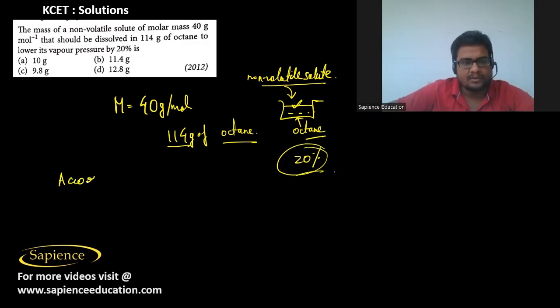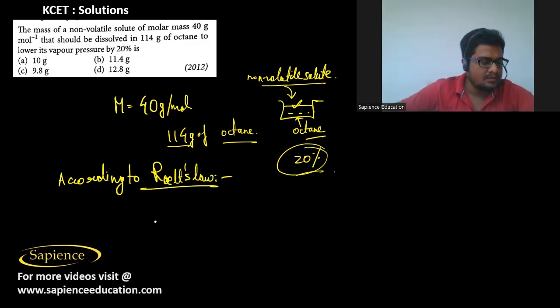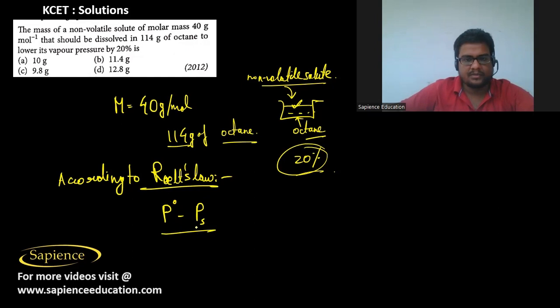So here also, according to Raoult's law, we can say that P naught minus Ps, the vapor pressure of the pure solvent minus the vapor pressure of the solution, divided by the vapor pressure of the pure solvent, into 100%, is equal to the relative lowering of vapor pressure.